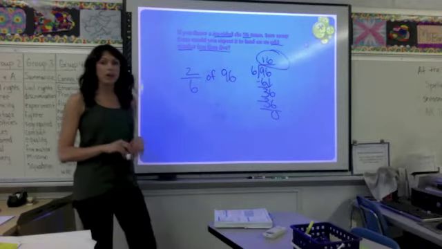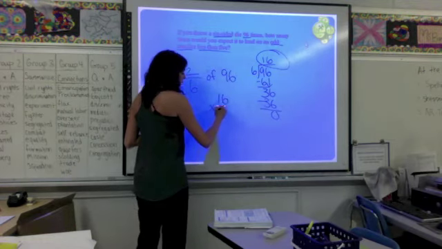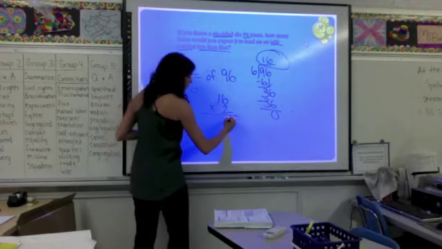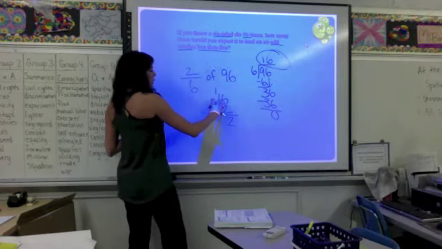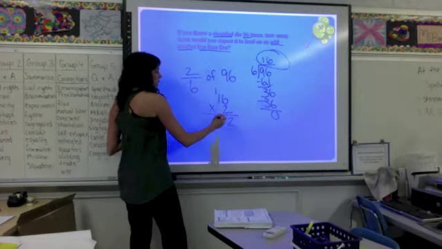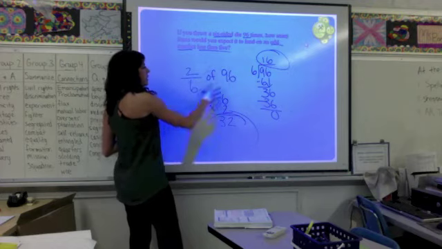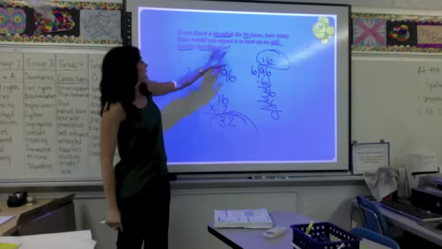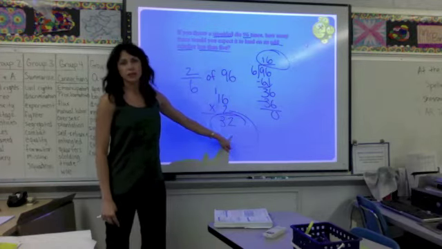Some of you might be able to do that in your head, but if you can't, you can always set up your multiplication problem like we've done in class. 6 times 2 is 12, so I put a 2 here and carry the 1. 2 times 1 is 2, plus 1 is 3. So I know that 2 sixths of 96 is 32. It would land on an odd number less than 5 32 times.